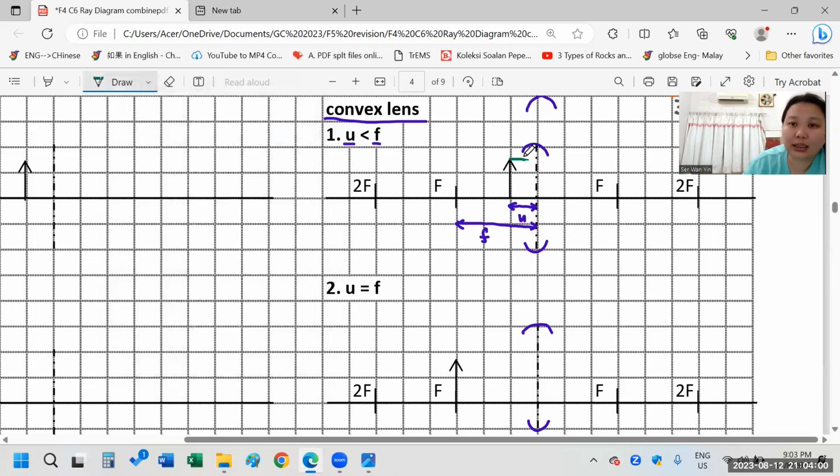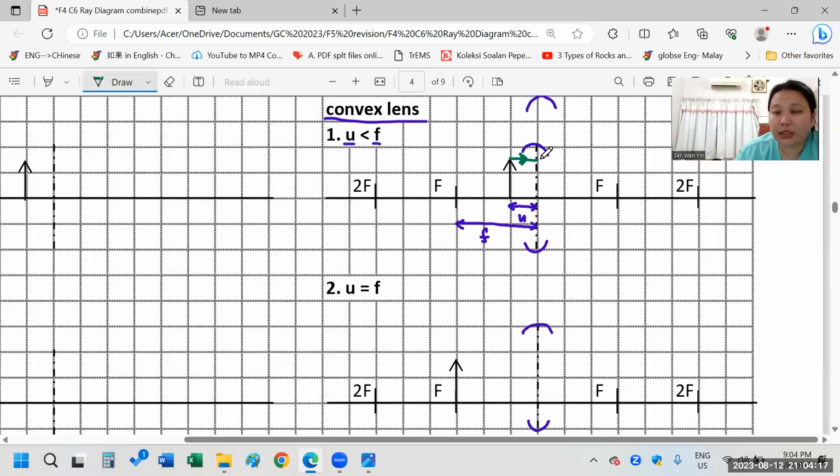Now use ruler. Draw a K. K means a line parallel to the principal axis. K, then F. F means the F after the lens.